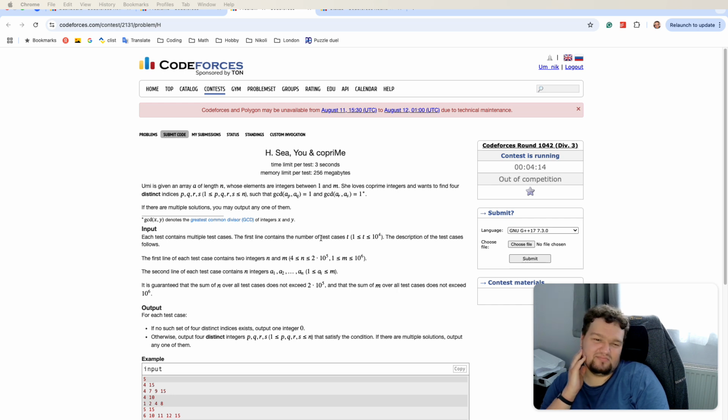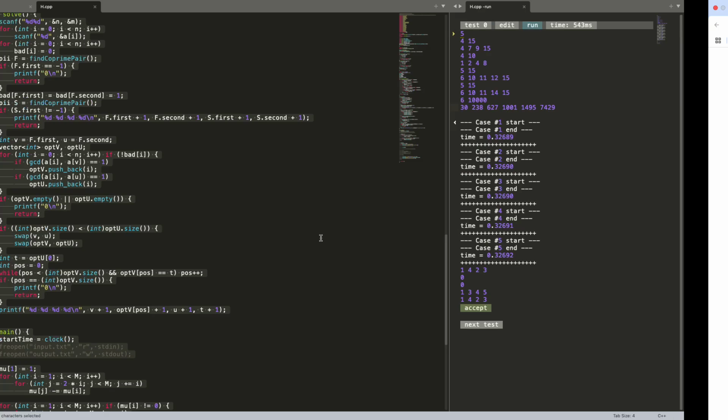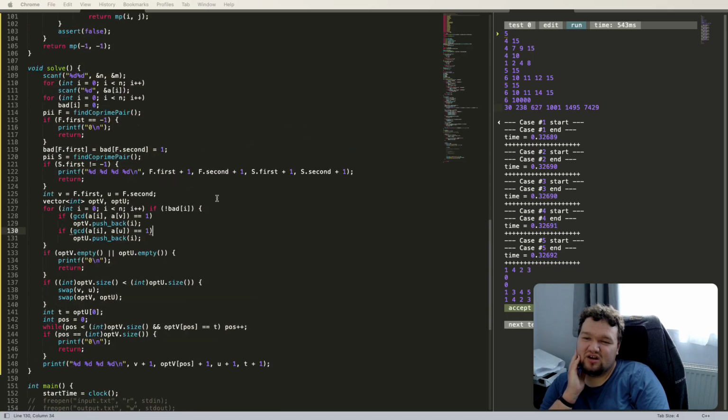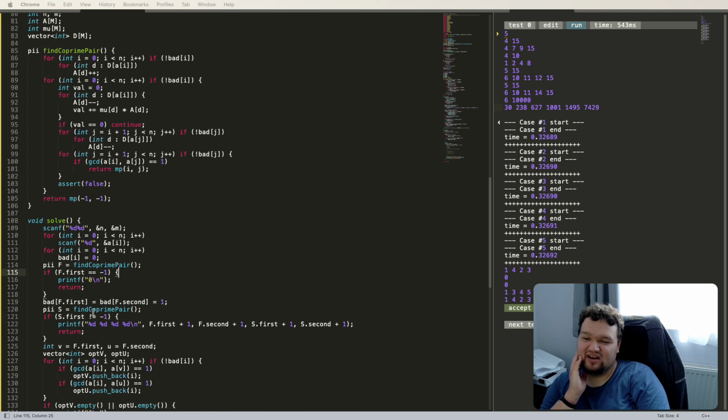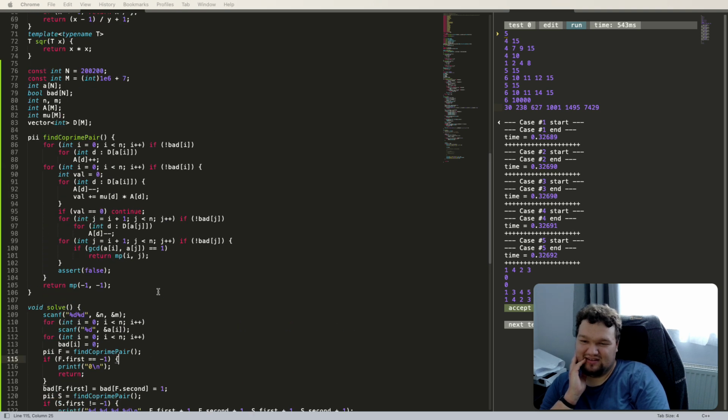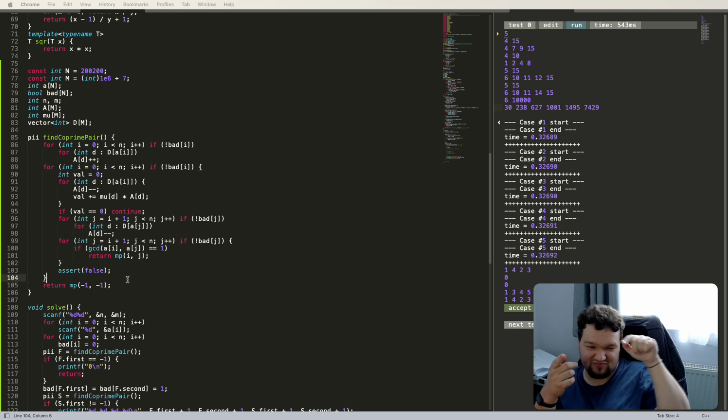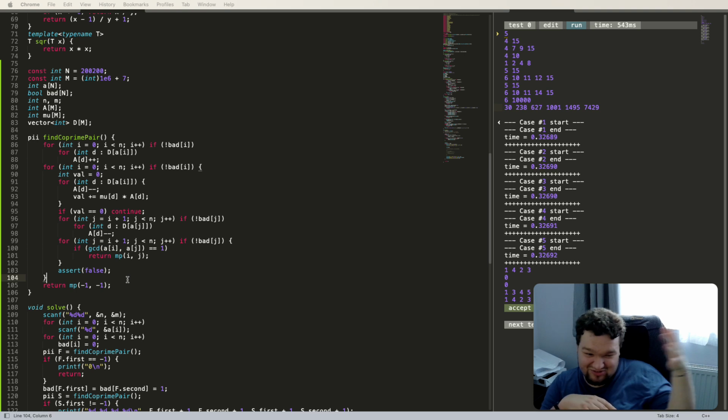I can obviously make it 2 times faster. I don't need to call the function, clear everything, and then call it again. When I found one pair, I could have just removed it and removed the second element of the pair, but then continued going. It will be like 2 times faster.